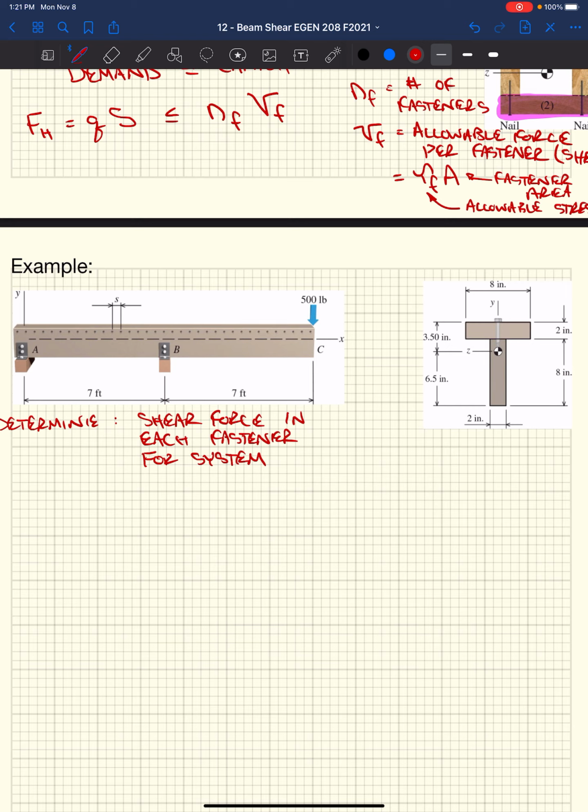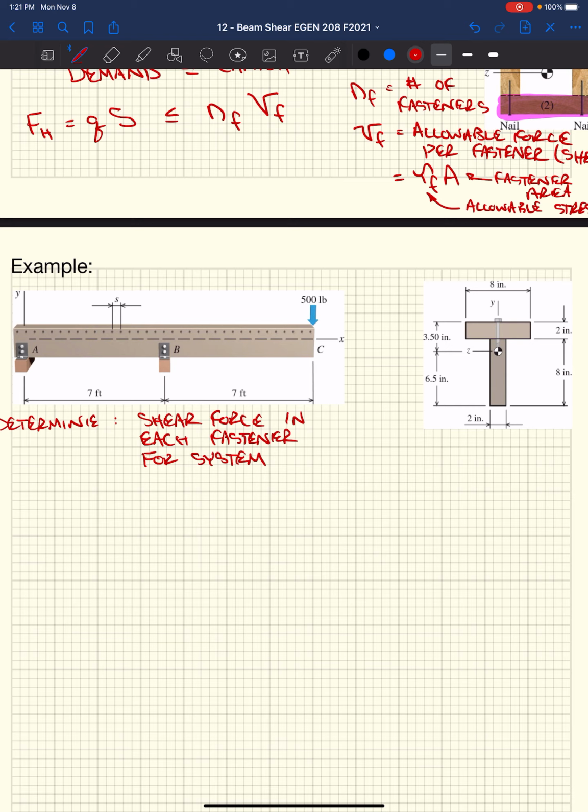The flange, or top section of this T, is attached to the lower stem section of this T with bolts, lag bolts in particular here. The total beam element looks like this. It's got a span of 7 feet, and then a cantilever beyond that of an additional 7 feet, and that cantilever has a point load on the end of it of 500 pounds.